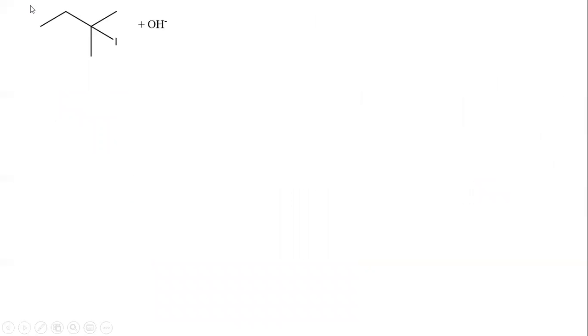So here we have a tertiary alkyl halide. We have a hydroxide. The first step is the E1 mechanism. We form our carbocation. So the halide leaves. And then the base attacks, again, the hydrogen that is adjacent to the carbocation. Now you may say, well, hey, the double bond formed here, but with elimination reactions, you can have a variety of products.